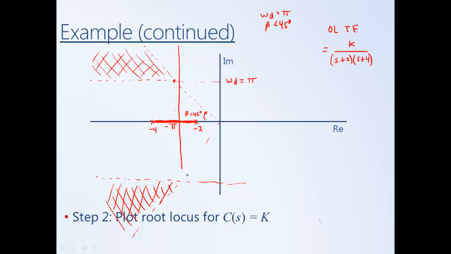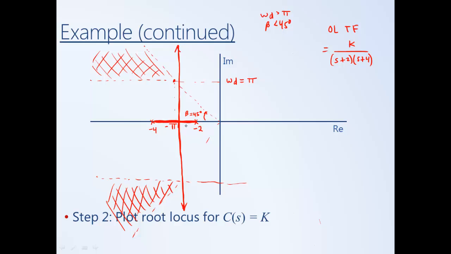It turns out that they're going to go up in this direction. You may not be able to identify the exact location of the asymptote, but we could use MATLAB to find that value.